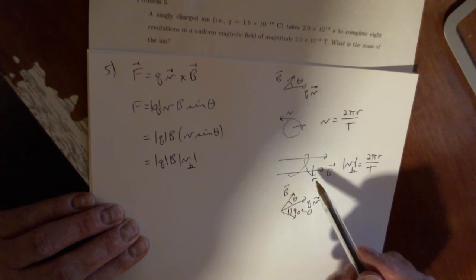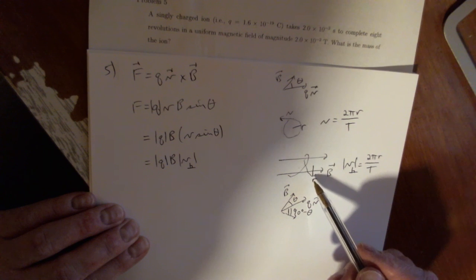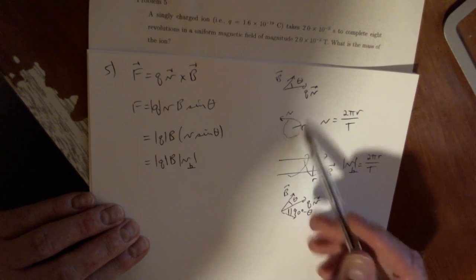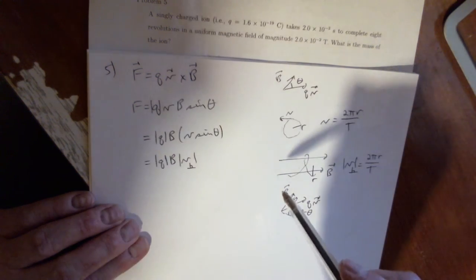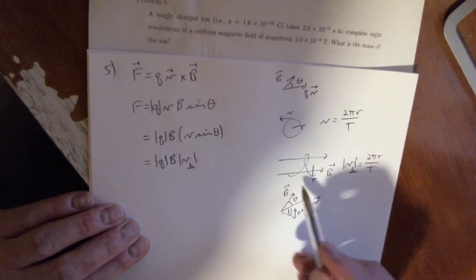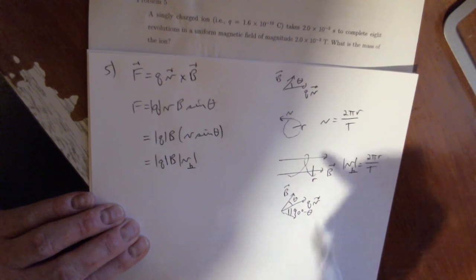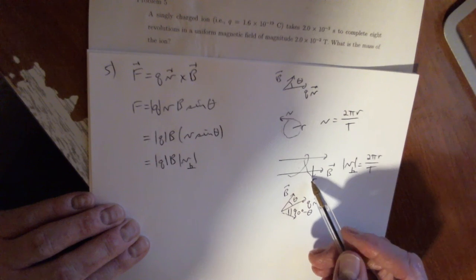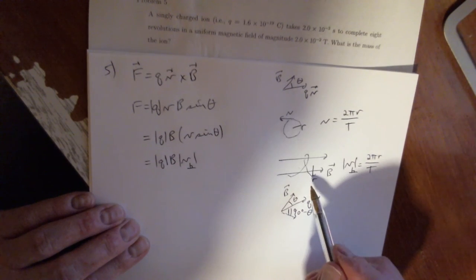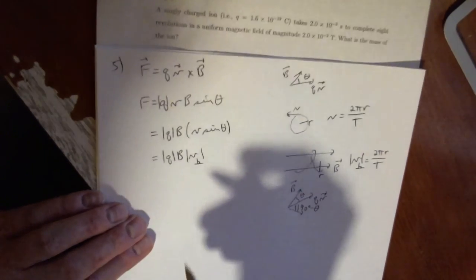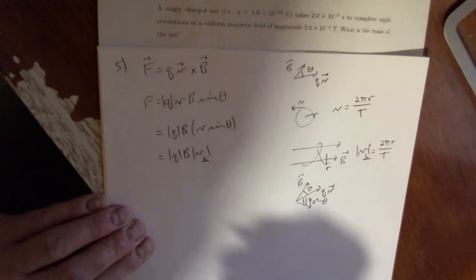And so it is in the radial direction of the circle, whether the particle is going just in a circle around B field lines that are into and out of the page, or whether the particle is spiraling around the B field lines. In both cases, the force, which is perpendicular to both the velocity and the B field, points towards the center of the circle.